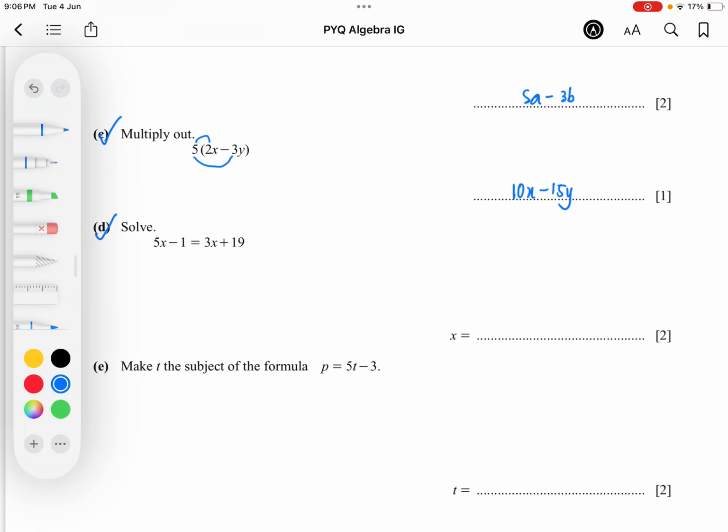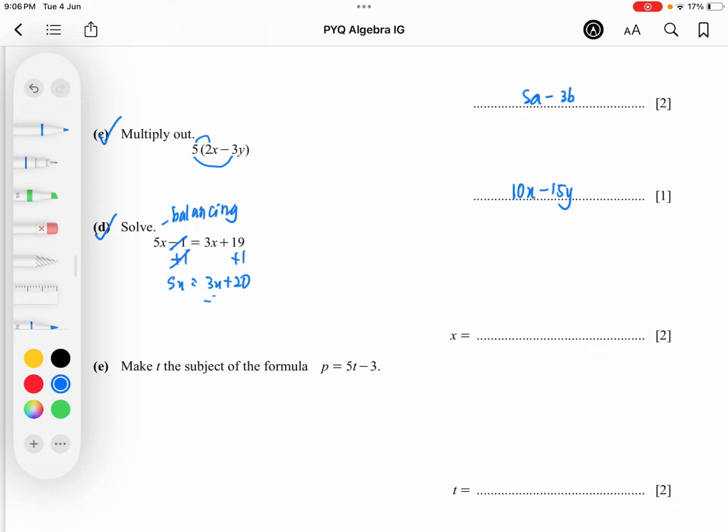Now, this is different. Okay, solve. Solve means solve by balancing, one by one. So what you can do, you can remove this one first. That means 5x is equal to 3x plus 20. Teacher cancels out minus 1 plus 1 because minus 1 plus 1 equals 0. What else?